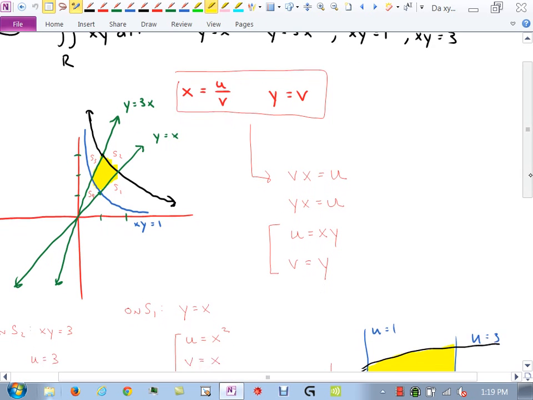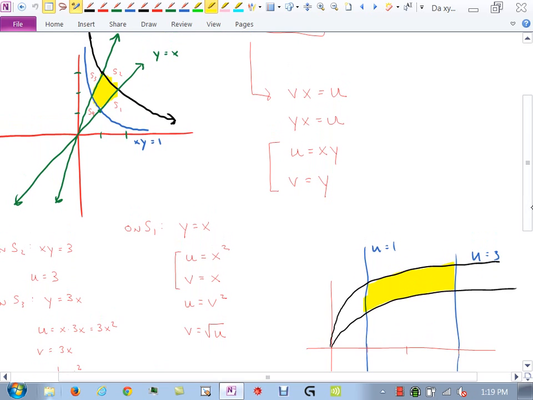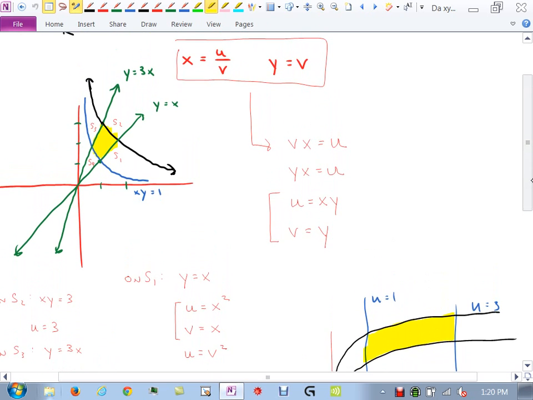And then what you can do is start going through each of these. It's pretty straightforward. I'll just do 2 of them. On S1, y is x, right? What happens to that through this transformation? Well, S1 is y equals x, so I just write that down, y equals x. But what was x? How did I get u equals x squared?